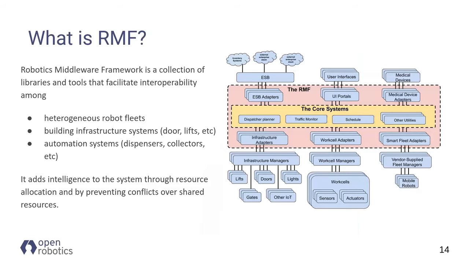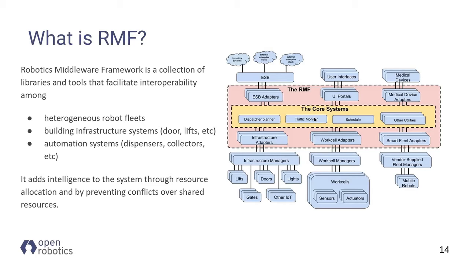So how does this work? RMF is a collection of libraries and tools that facilitate interoperability between different robot fleets, the building infrastructure, and automation systems like the dispensers or collectors I was talking about. And as I said, everything is done in the most intelligent way that can be done.